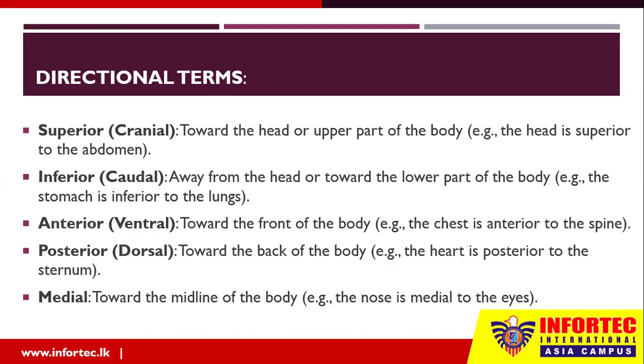Then inferior, or we also refer to it as caudal. It means below or toward the feet. It means away from the head or toward the lower part of our body. For an example, we can say our stomach is inferior to the lungs.